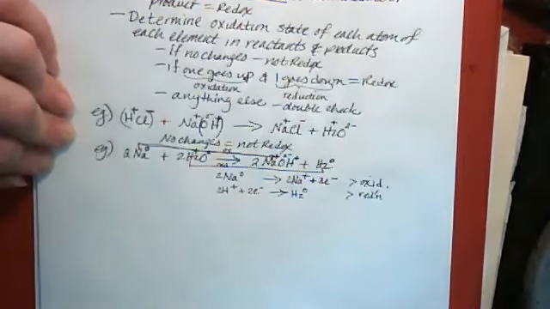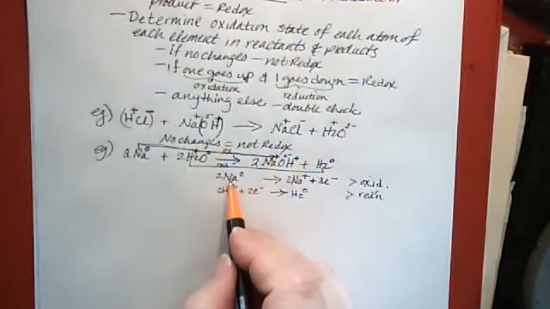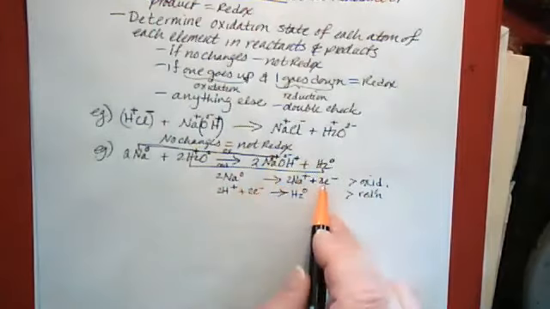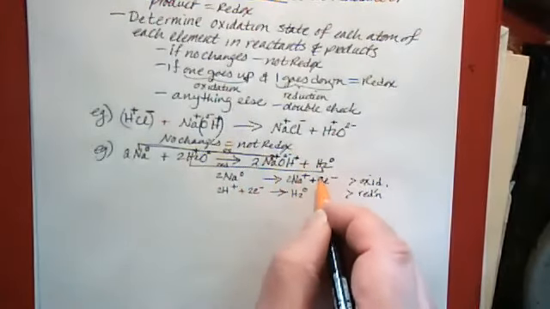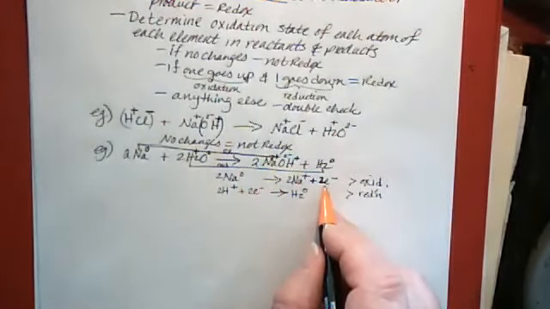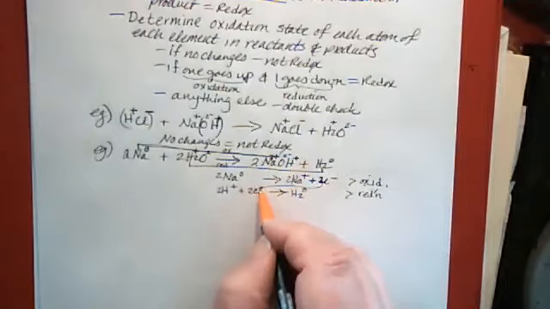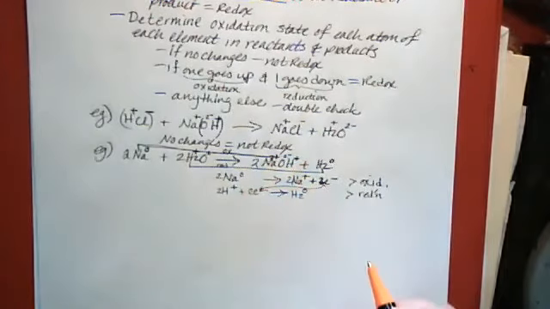So it is definitely an oxidation reduction. Notice also that there are 2 sodiums, each of them loses 1 electron, so that's a total of 2 electrons being lost by sodium and a total of 2 electrons being gained by hydrogen. In fact, those are the same 2 electrons.